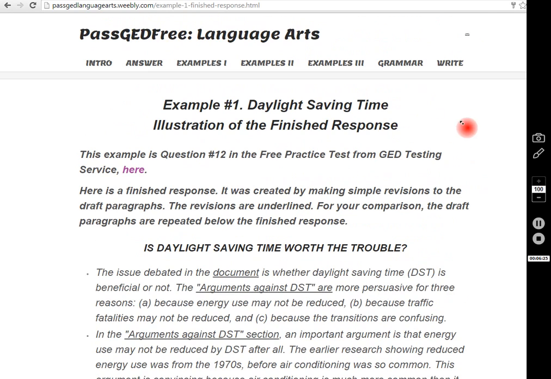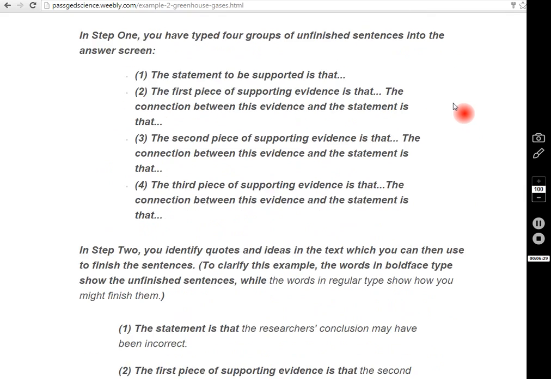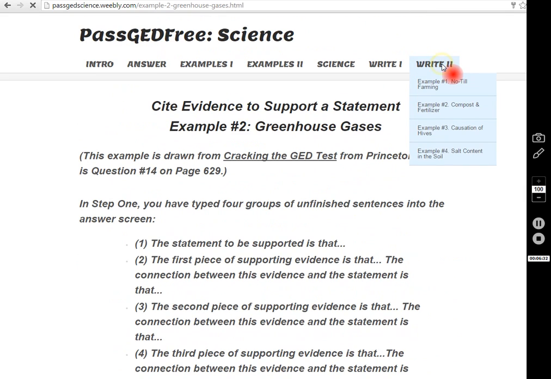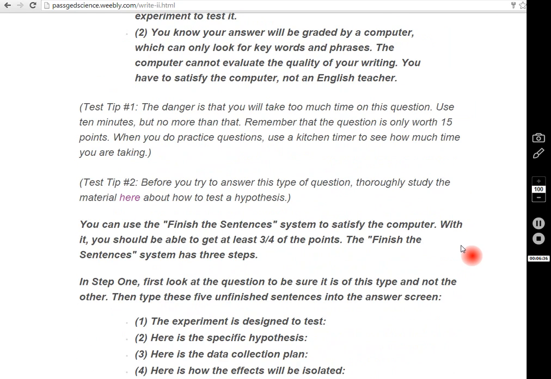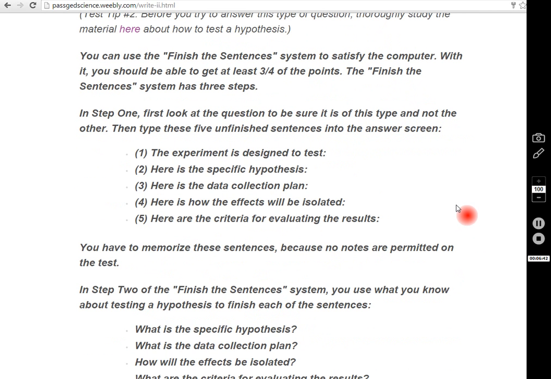Now, the second question on the science test is actually the hardest of the 4, because in this question you have to finish the sentences not from a document but from your own prior knowledge about how to test a hypothesis.